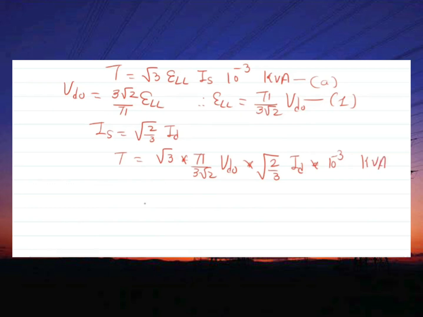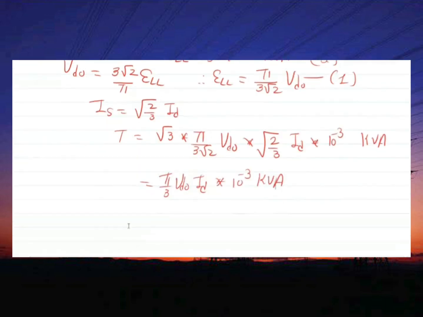By solving this equation, we will get pi by 3 VDO Id into 10 raised to minus 3 kVA. So the transformer kVA rating of a three-phase bridge converter T is equal to 1.047 VDO Id into 10 raised to minus 3 kVA.